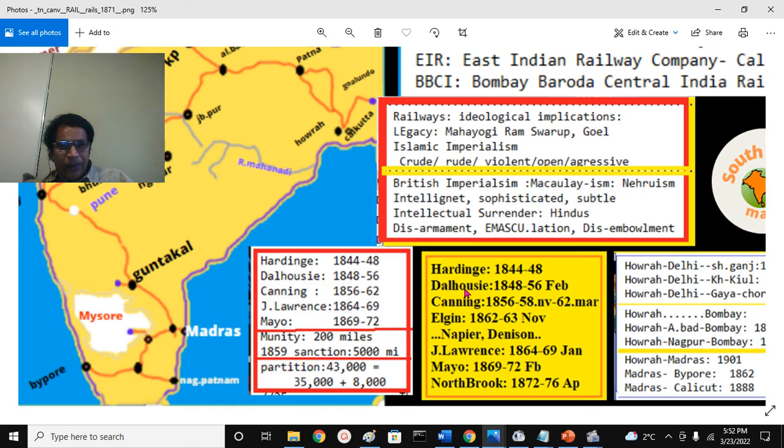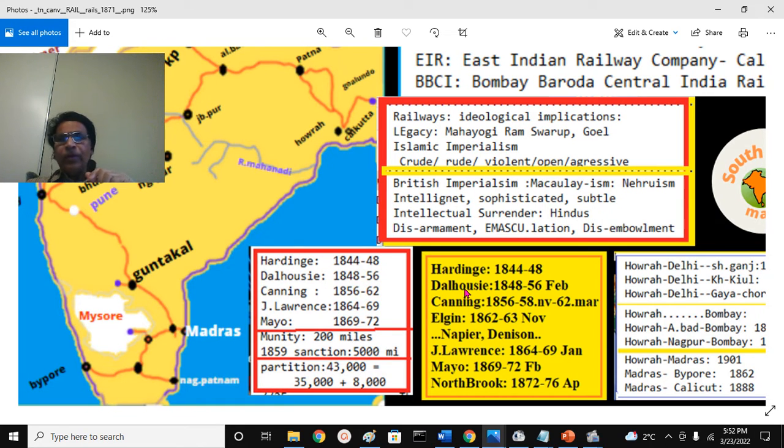In Dalhousie's time, the railways in Britain had actually started around 1800 after industrialization began. Dalhousie was a very prominent person. He was the director of the Board of Trade that oversaw this industrialization process as well as railway introduction in Britain.